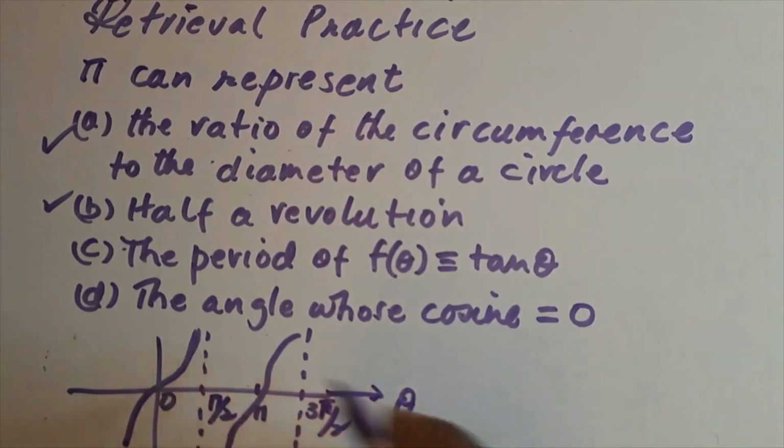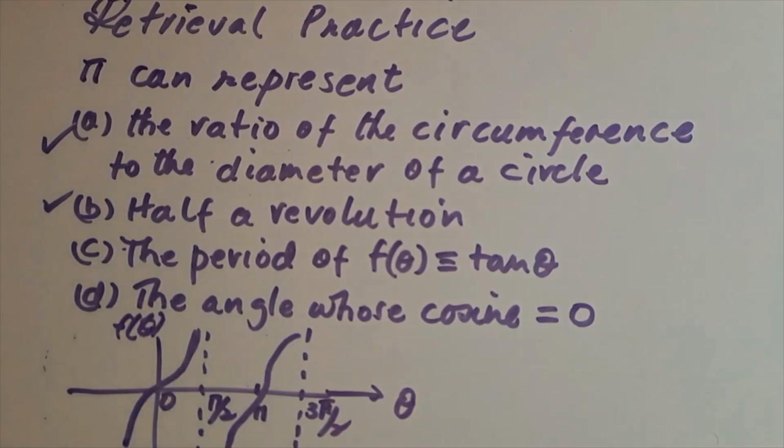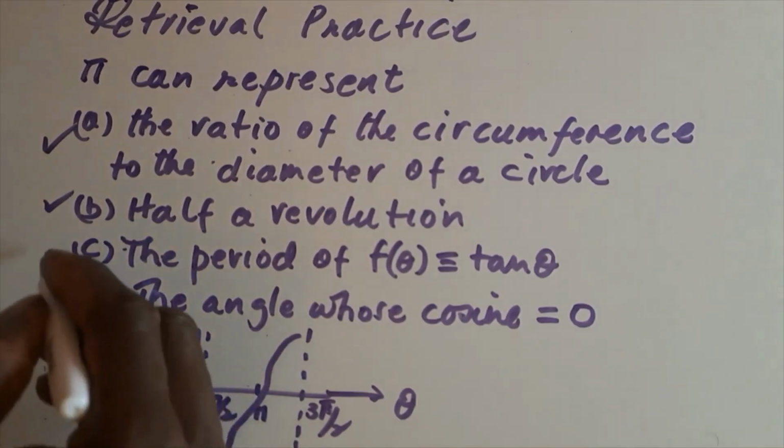This is theta, and this is f of theta, which is tan theta. It's just a rough sketch of the graph of tan theta. And we have a period going from 0, and the next one occurs at pi. So the period of f of theta equivalent to tan theta is pi.